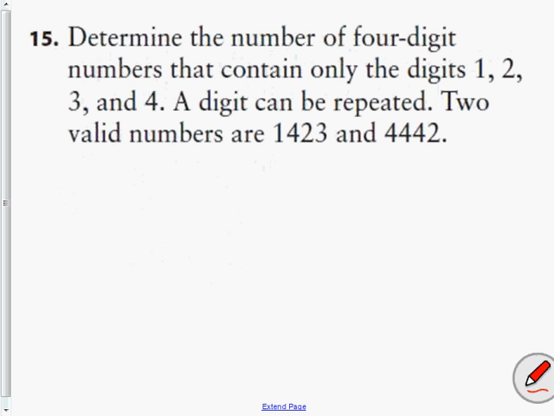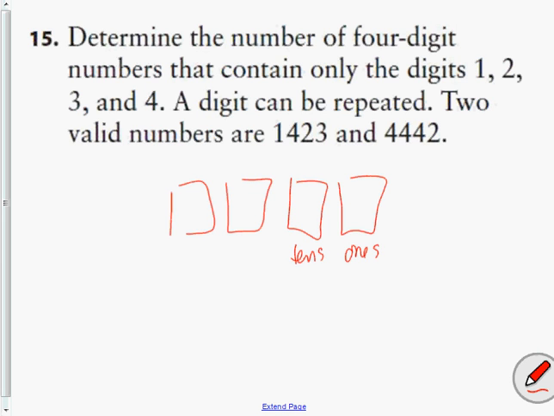For the 15th question, it says determine the number of 4-digit numbers that contain only the digits 1, 2, 3, and 4. So if I think of a 4-digit number, it would have a ones place, a tens place, a hundreds place, and a thousands place.